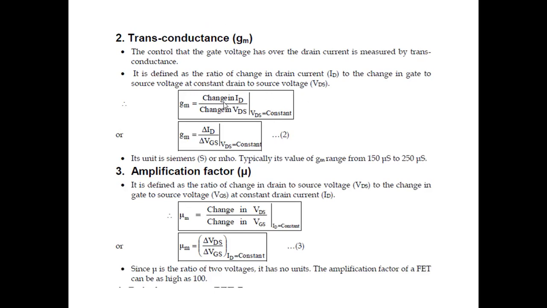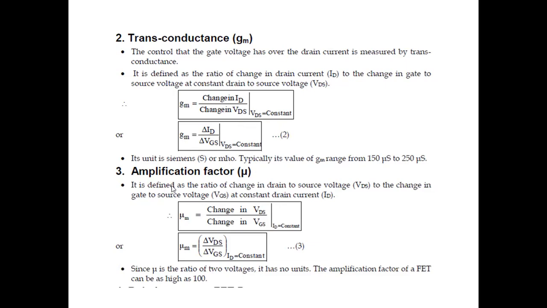So GM equal to delta ID divided by delta VGS at constant VDS. Its unit is Siemens or mhos. Typically the value ranges from 150 microsiemens to 250 microsiemens.